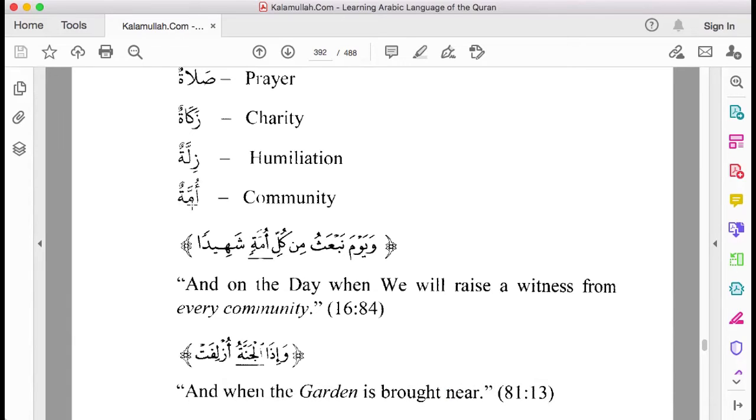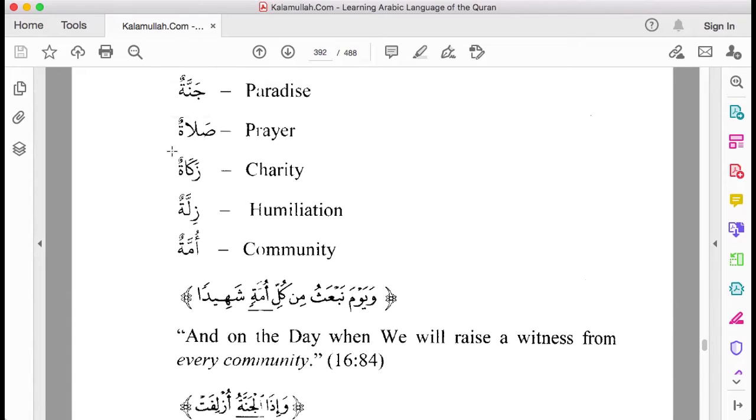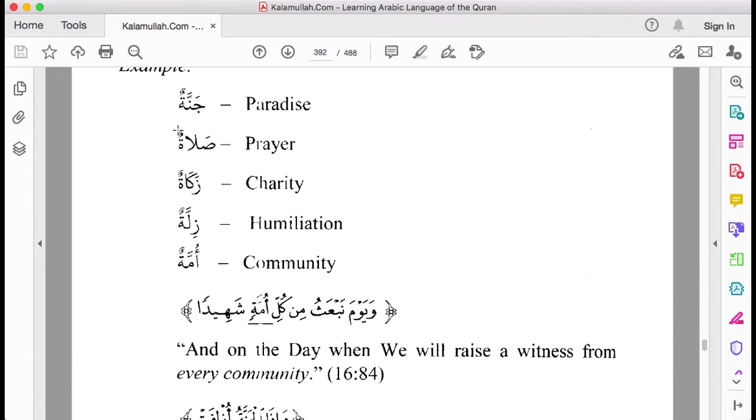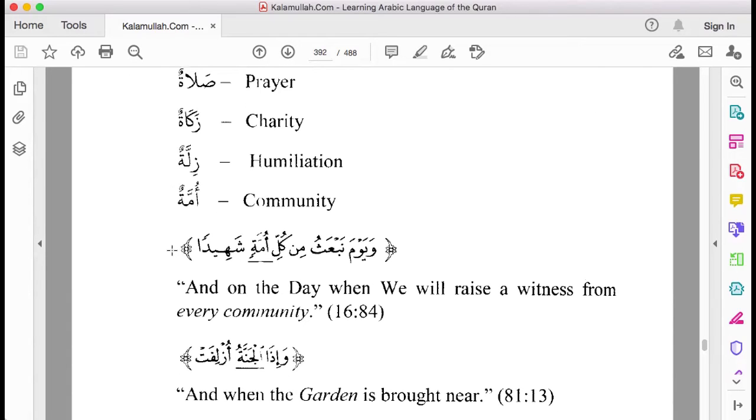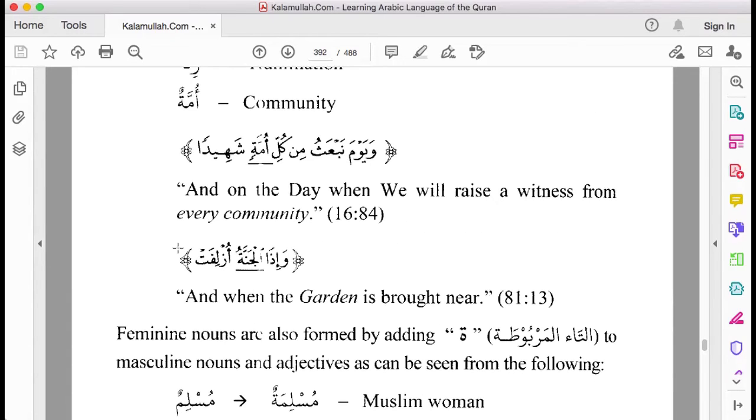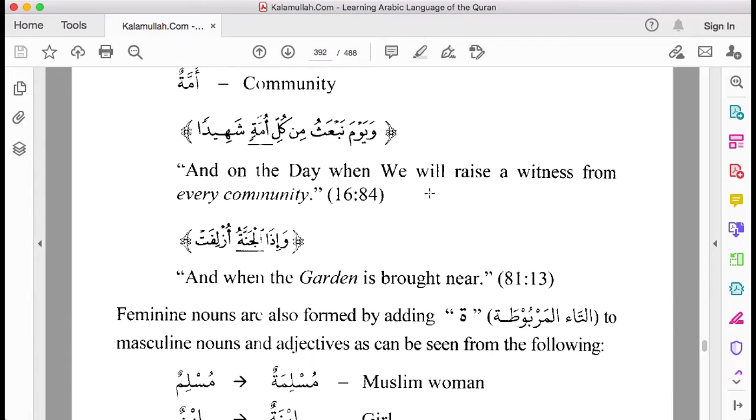They are very easy to identify because they end with ta marbuta, so they're naturally feminine. Kulli ummatin, every community. We will raise a witness from every community.